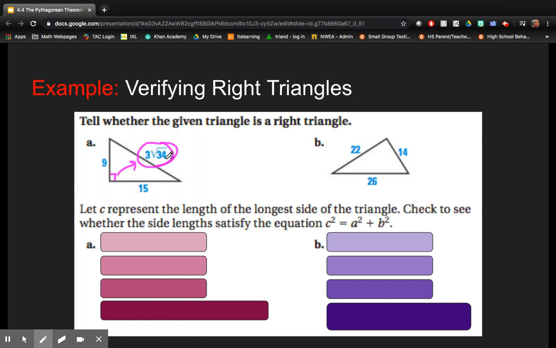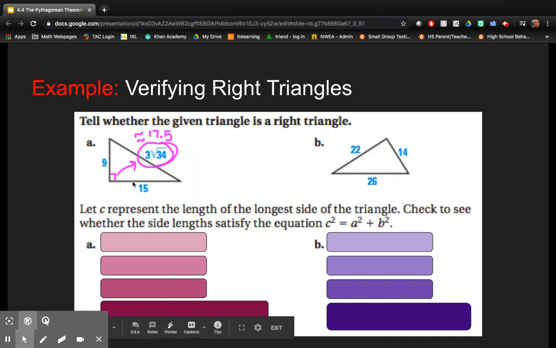If I take my calculator and I take the square root of 34, which is 5.8, and then multiply that times 3, I get that this side right here is approximately 17.5. So you can see C will always be your longest side. That's an easy way to determine if you're plugging things in right.